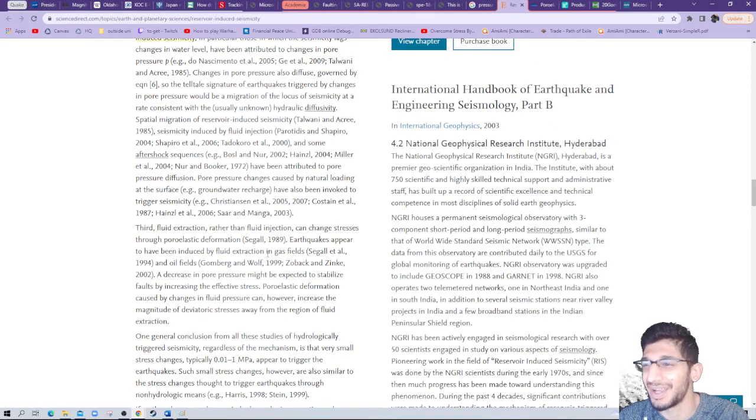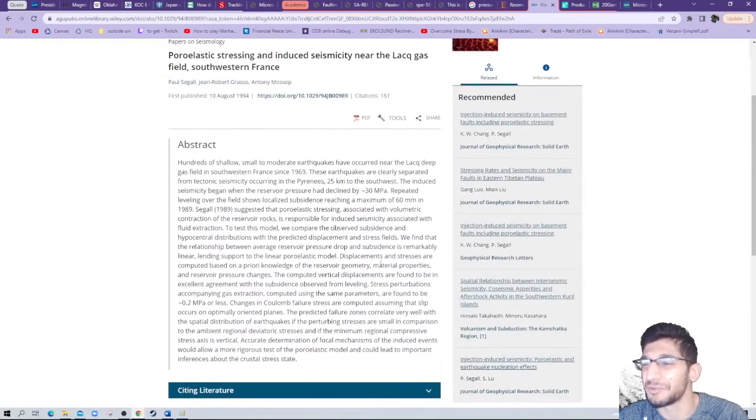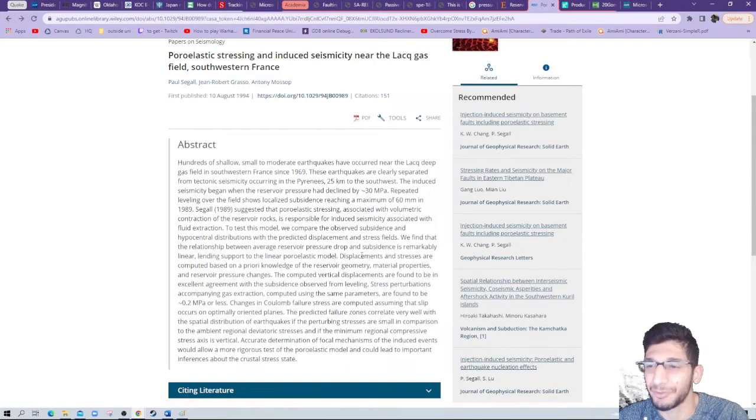And the third guy, Segal. The problem with that, I cannot look into details here because I have no access to the PDF. Maybe I do. Yes. So could not really look into if they're talking about the macro or the micro. I would say they're talking about micro level because this is a small change in pressure. This happens all the time in oil fields, so we would probably get a lot more earthquakes if this drop in pressure causes earthquakes.